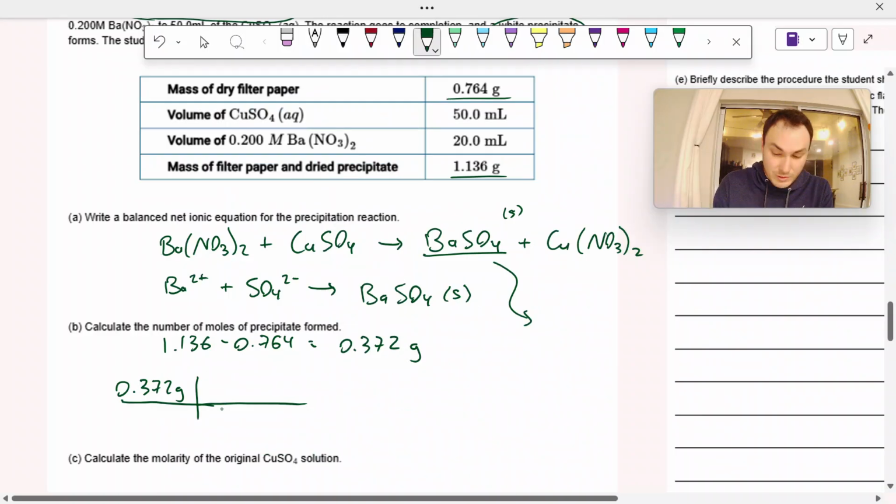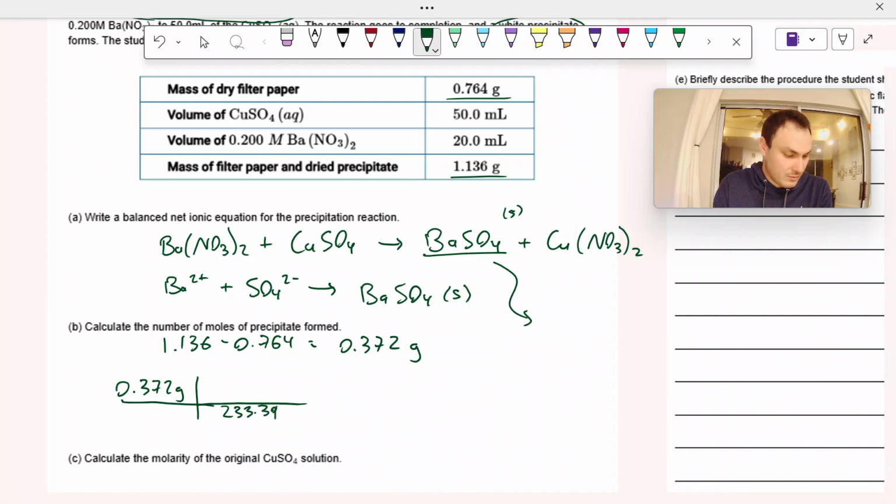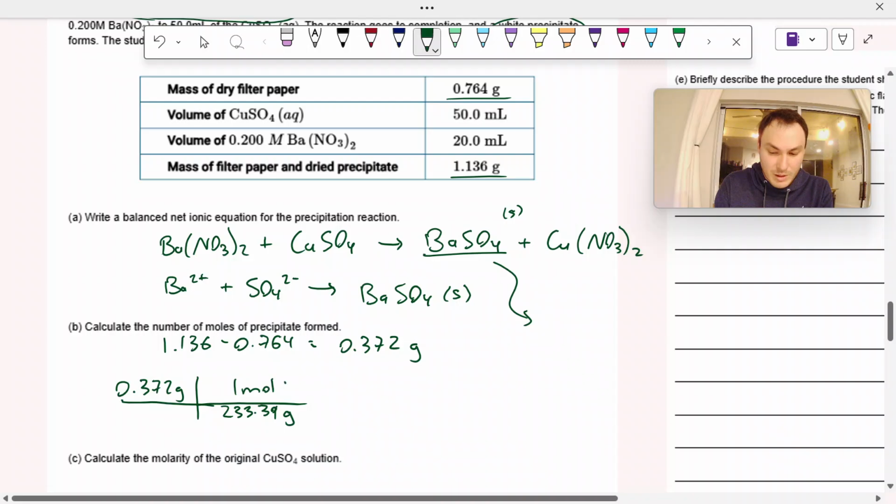Let's go back to this. So there are 233.39 grams per 1 mole of barium sulfate. So 0.372 divided by that answer, we get 0.0015939 moles of barium sulfate.